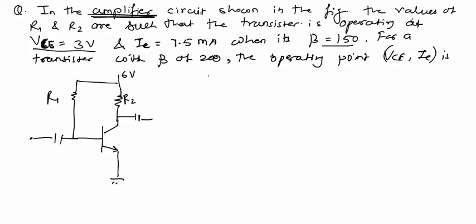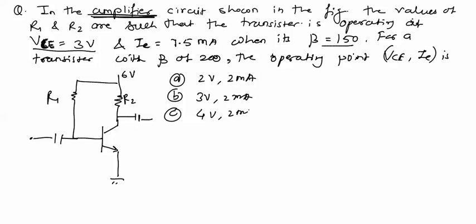If amplifier word is used for the transistor, it is confirmed that it will operate always in active region, because for transistor to be used as an amplifier, it should be used in active region only. The options given are 2 volt, 2 milliamperes, 3 volt, 2 milliamperes, 4 volt, 2 milliamperes, 4 volt, 1 milliamperes. Now we'll start analyzing this question.